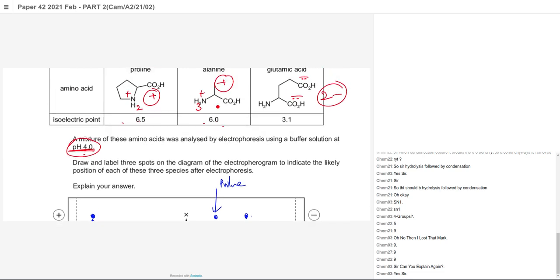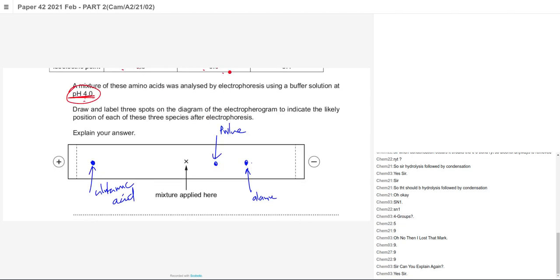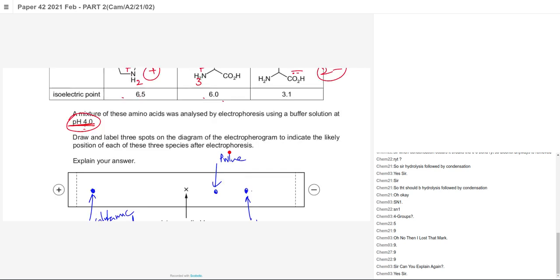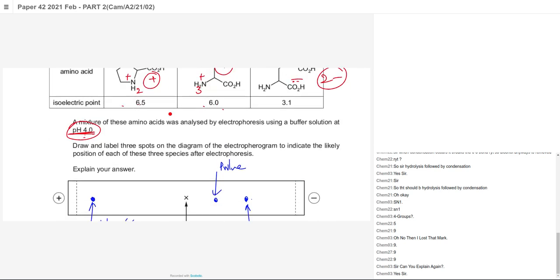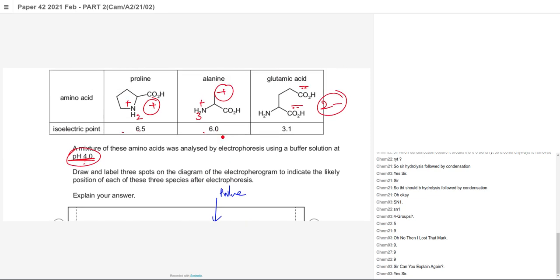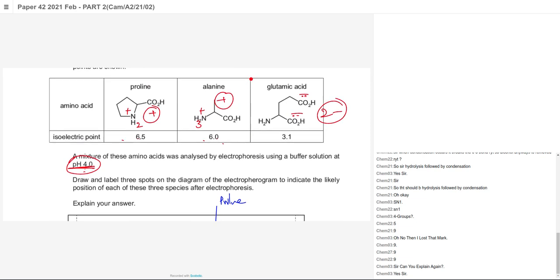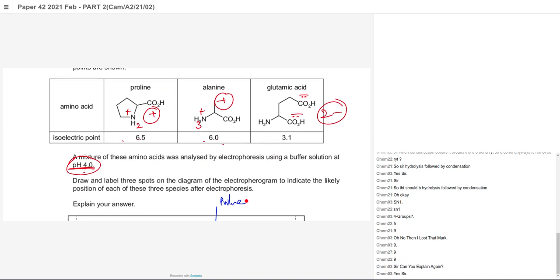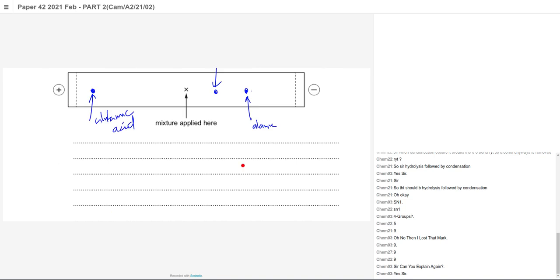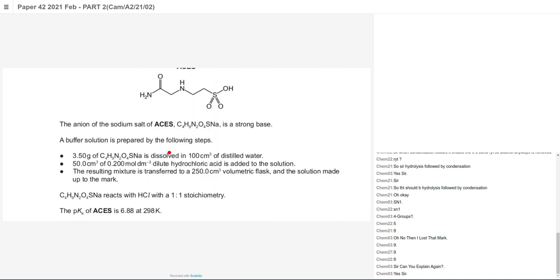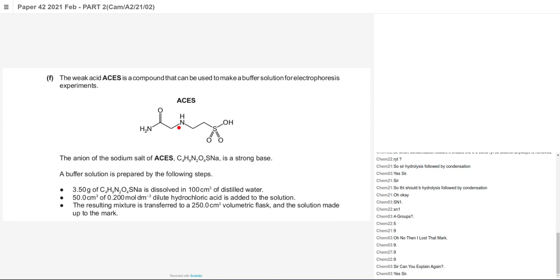Proline travels less distance compared to alanine, due to its bulky cyclic structure. Clear?